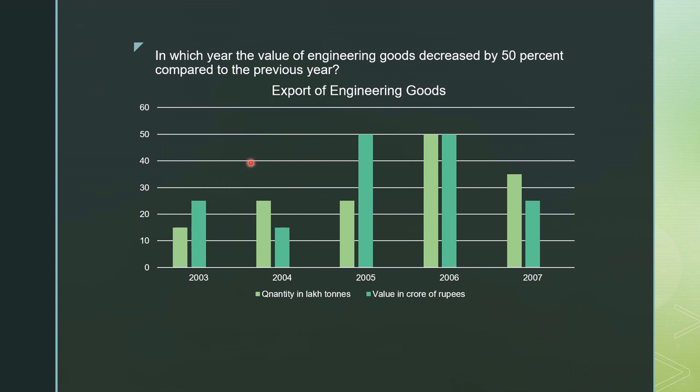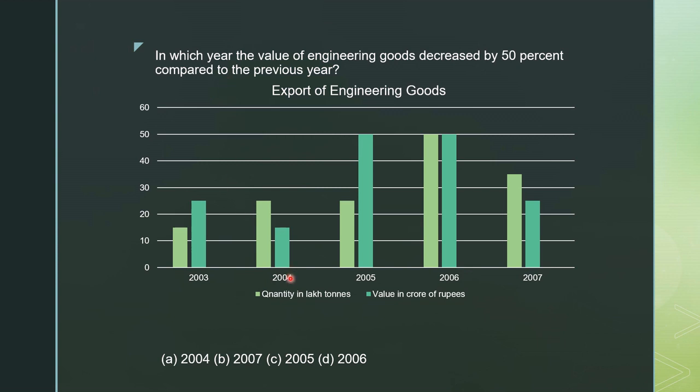In this question we have to consider the value of engineering goods, that means the dark green bar. The options are A 2004, B 2007, C 2005 and D 2006.